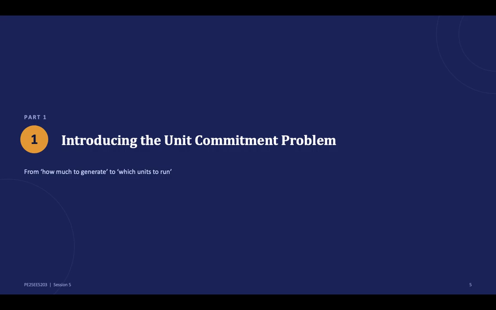Okay, so the central change is subtle but it is very important. A power system does not merely decide the numerical output of a machine, it decides which machine should be synchronized, which should remain on standby, and which should be shut down completely. The reason for making this distinction is the daily variation of load.